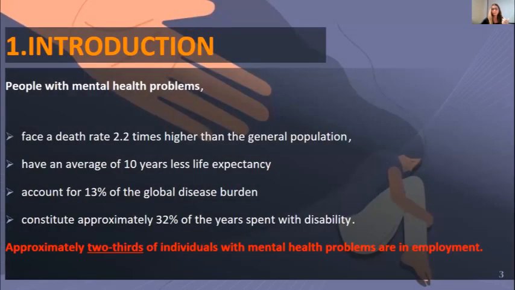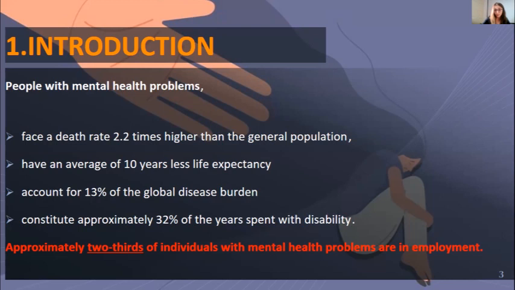You know, people with mental health problems face a death rate 2.2 times higher than the general population. They have an average of 10 years less life expectancy, and they account for 30% of the global disease burden and constitute approximately 32% of the years spent with disability.